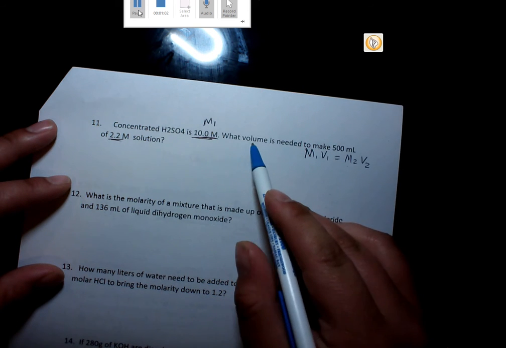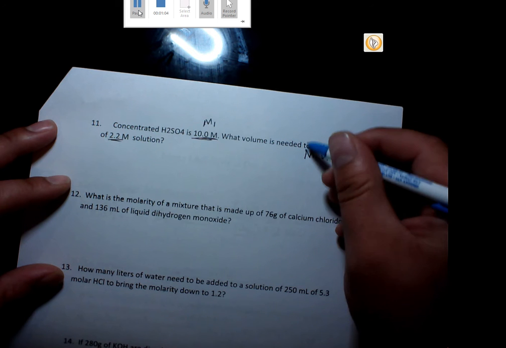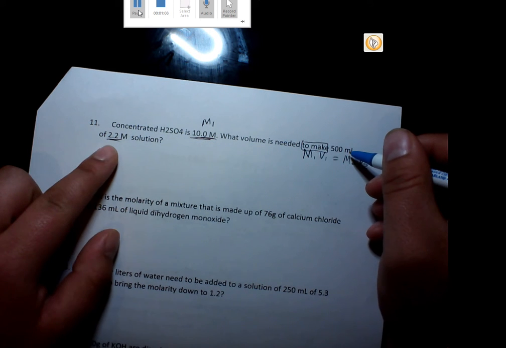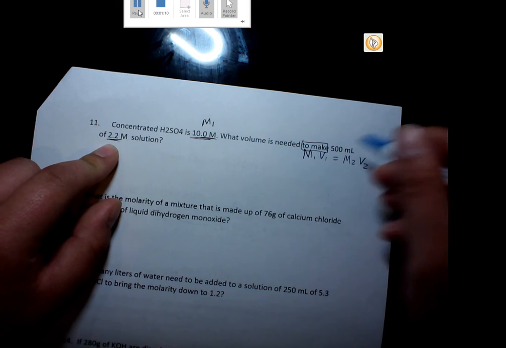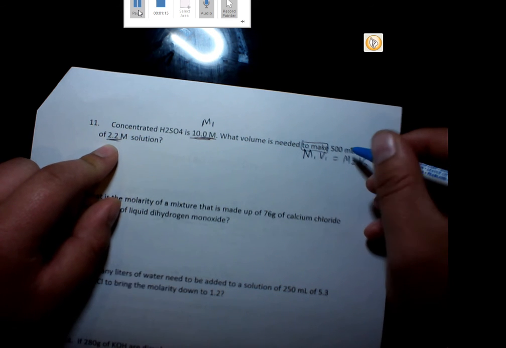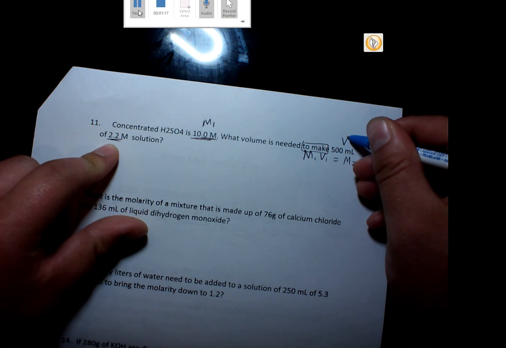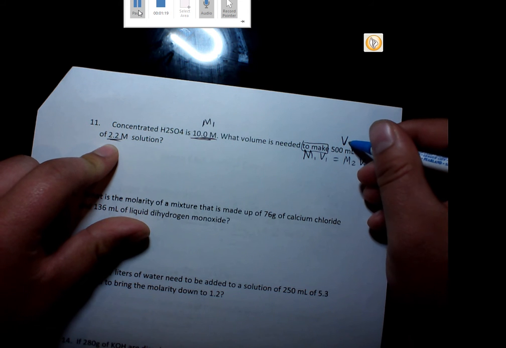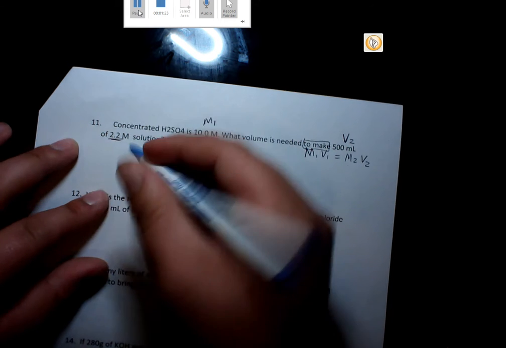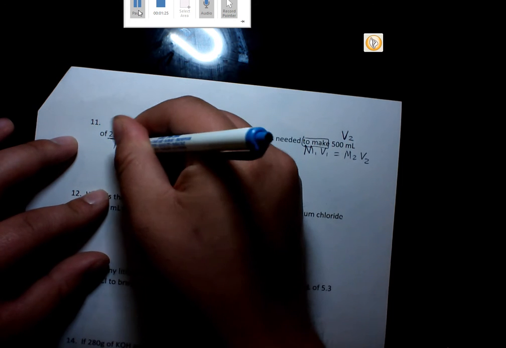What volume is needed to make, that's our keywords here, to make 500 milliliters of a 2.2 molar solution? So we don't actually have this yet. It doesn't exist. So this, even though it's the first volume that came up, it's our volume 2 of a 2.2 molar solution. This is going to be M2.